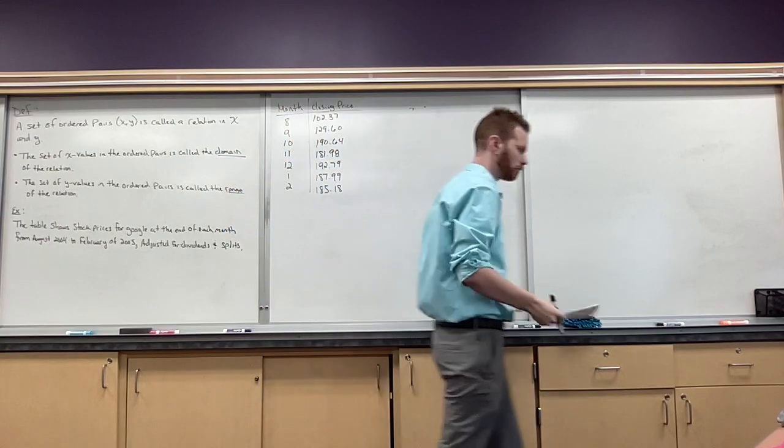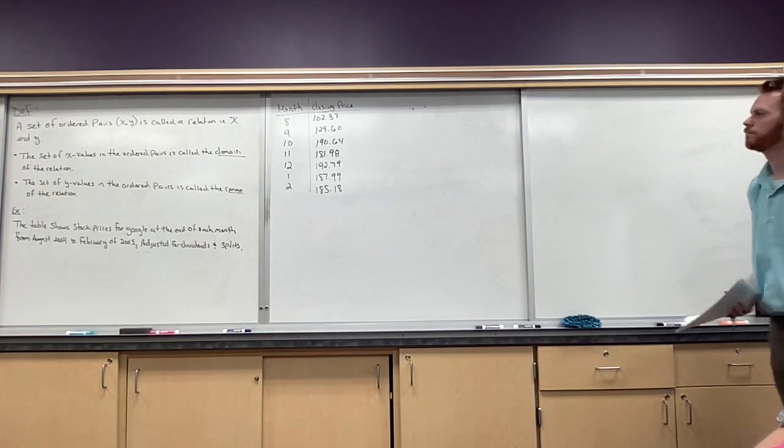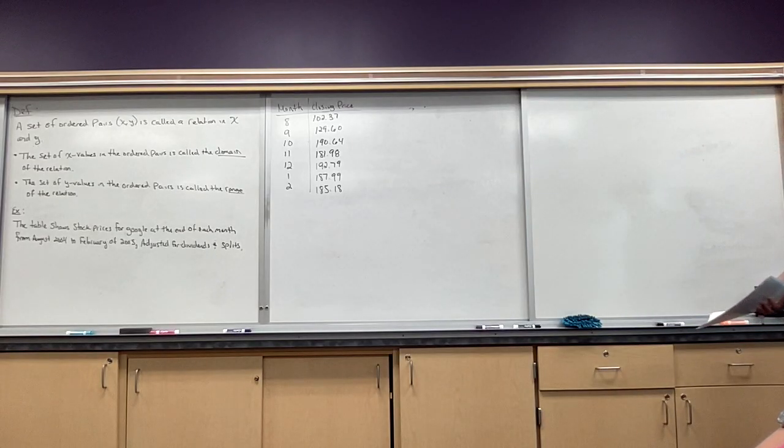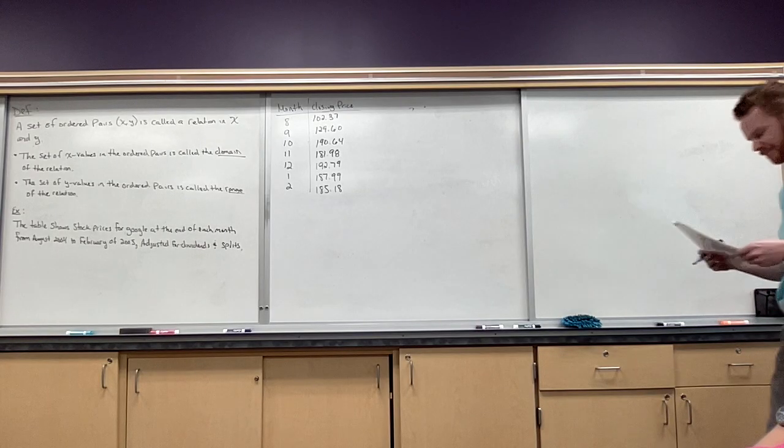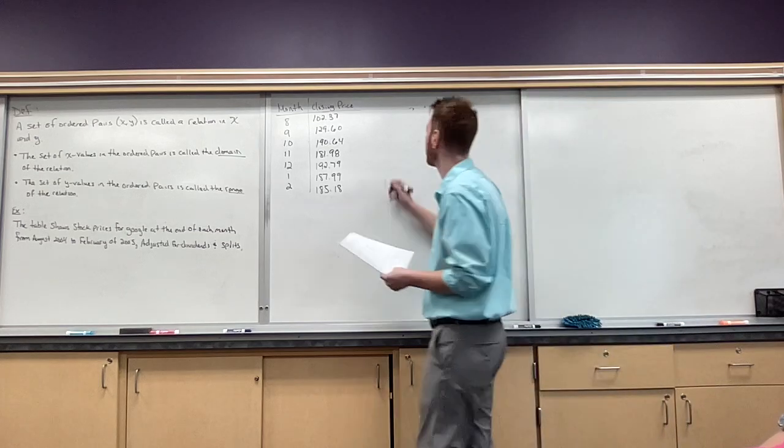There we go. See, those are all the closing prices for stock, starting with month 8, which is our August. And then at the end, month 2 would be February, which is a closing price of 185.18. Okay? Imagine people investing into Google that early and seeing what it's all about. They're doing pretty good with it right now.